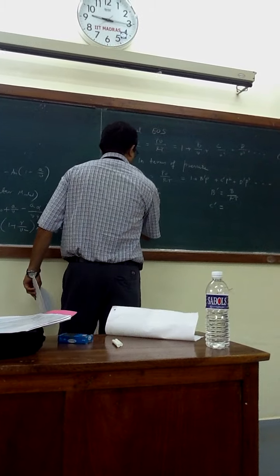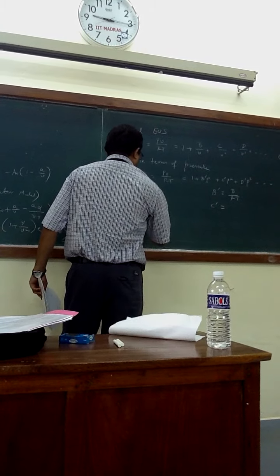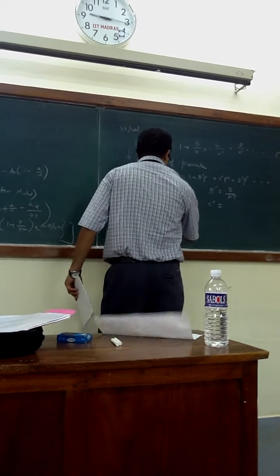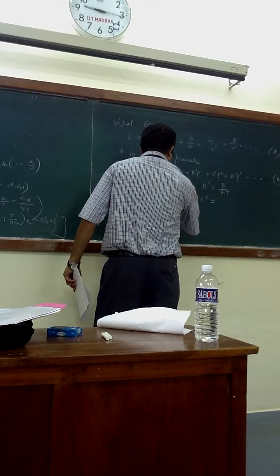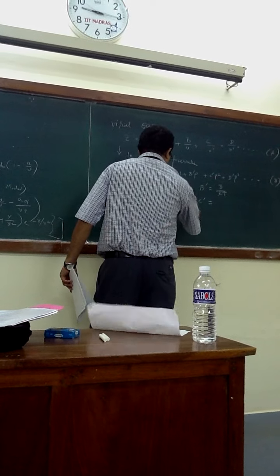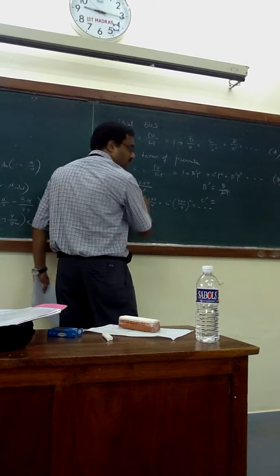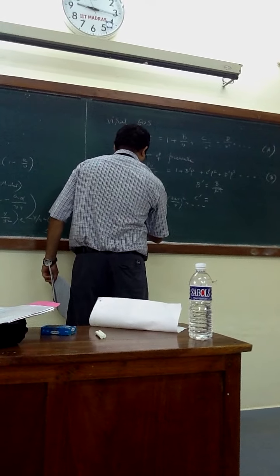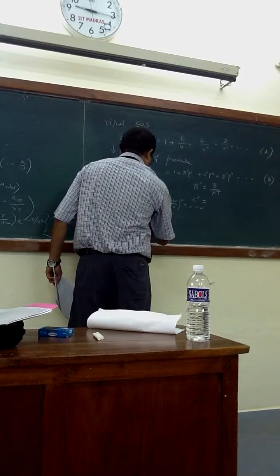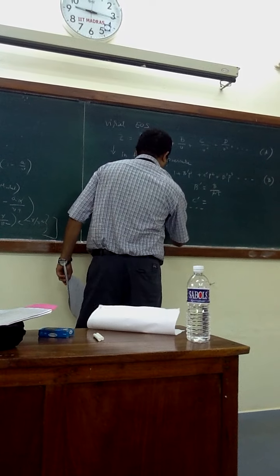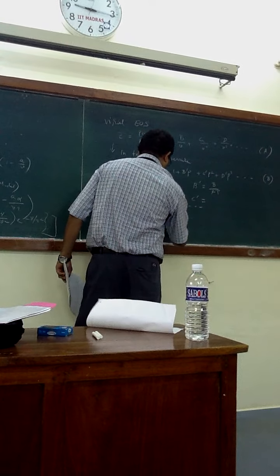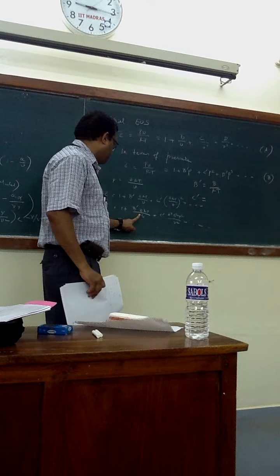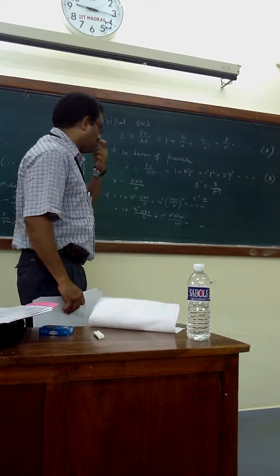So Z equals 1 plus B prime ZRT by V plus C prime Z square R square T square by V square. I am not writing the other terms. See, everywhere the Z term is there.